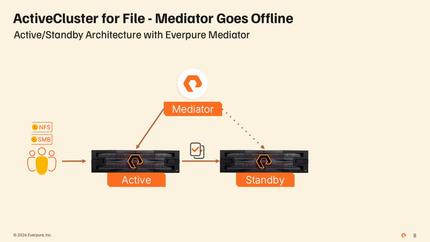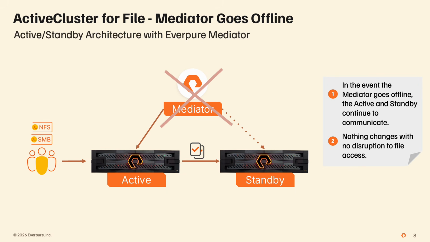What happens when the Mediator goes offline? Well, if it were to go offline, everything still continues to operate as designed. The active and standby nodes will still continue to work with each other in a synchronous replication fashion, and the end clients will still be able to reach all of the data shares that they are accessing on the active array as well.